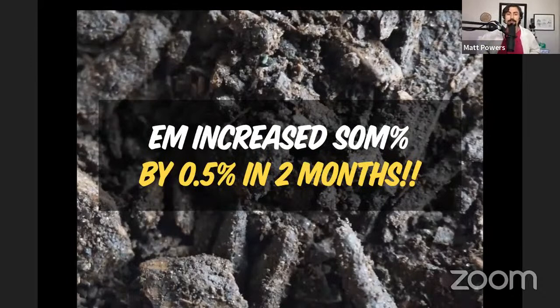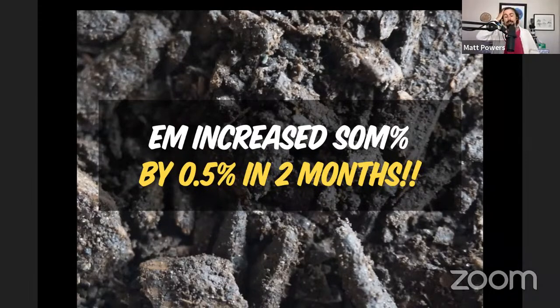And then recently I learned that EM has been documented to increase soil organic matter by 0.5% in only 2 months. Until now, we had documented plants being able to do it alone in 12 months at 0.5% as the record. This changes everything. And yes, he was growing, I believe, peppers at the time, and this has never been documented.